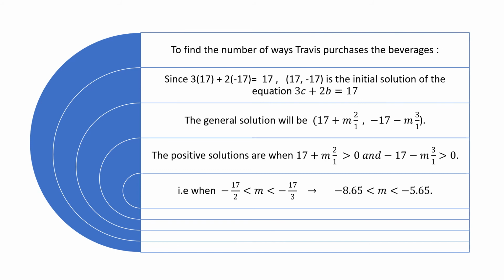So we need an integer m lying between negative 8.5 and negative 5.67. Looking for integers between these two numbers, we get negative 8, negative 7, negative 6 as three different values for m.